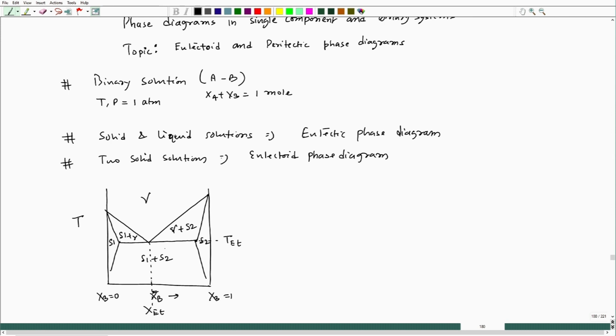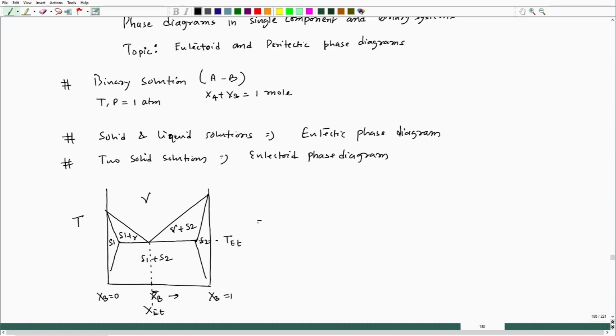Now, here S1 and S2, why are we putting S1 and S2? Because both of them have the same crystal structures, though they have positive heat of mixing. In case of solid, it will be broken into two solids S1 and S2, one will be A rich and one will be B rich, and in order to mark the differences we are putting S1 and S2.